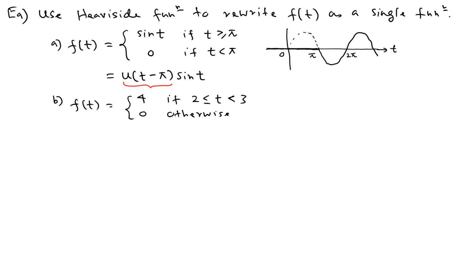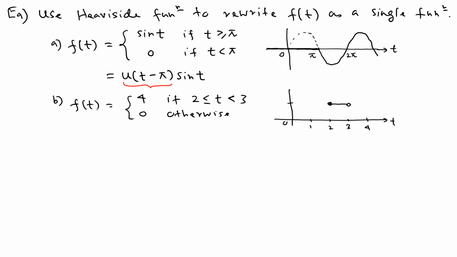If you look at the graph, this is the shape: it's like a pulse. We have 0, and then 1, 2, 3, 4 on the t axis. The function jumps to 4 at 2 and is open at 3.